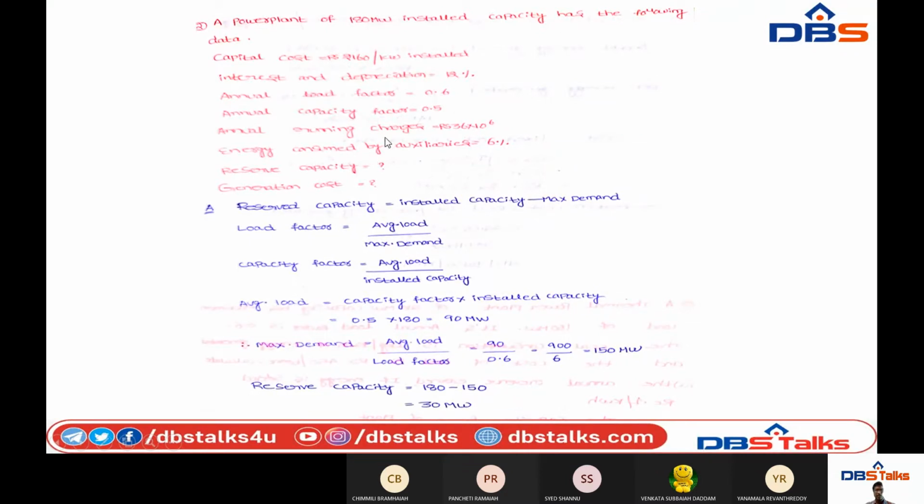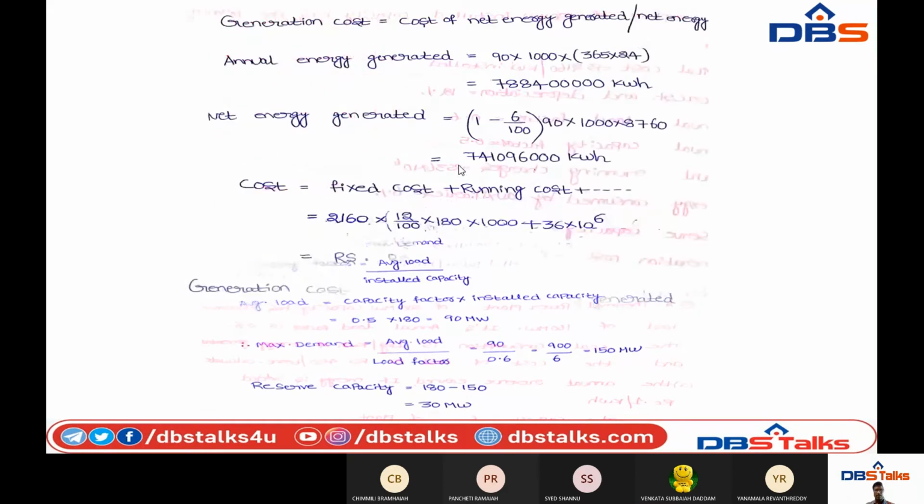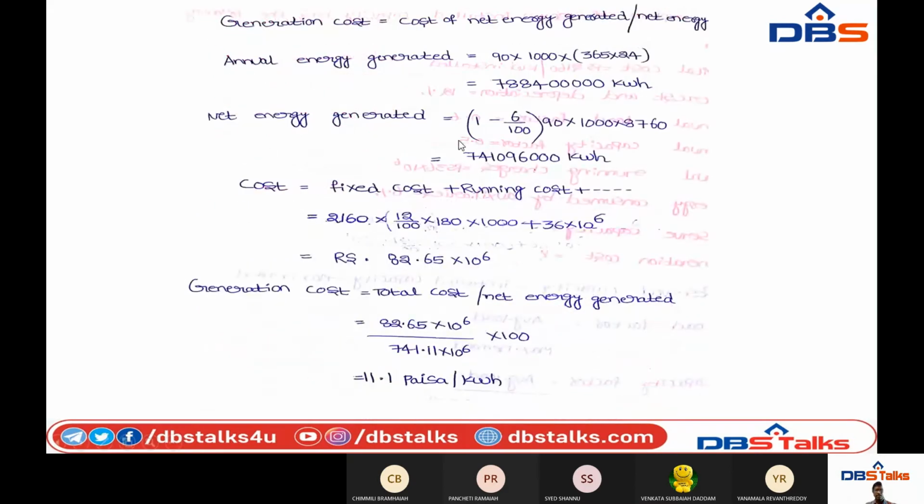That means here we are using energy for other works, which is called auxiliary, 6%. 6% out of 100, so I am subtracting the value: 1 minus 6 by 100, into the similar expression, 90 into 1000 into 8760.